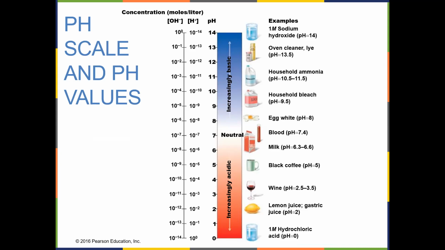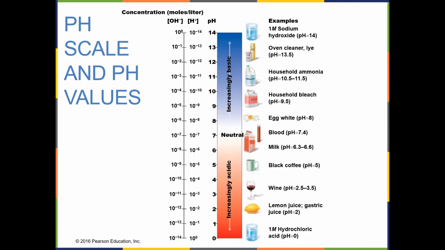Milk is slightly acidic. Coffee is acidic at pH of 5. Lemon juice is pH of 2. And of course, hydrochloric acid is 0. So you can see the different things that we encounter both internally and externally with our bodies and the various acids and bases here. So why do we care?